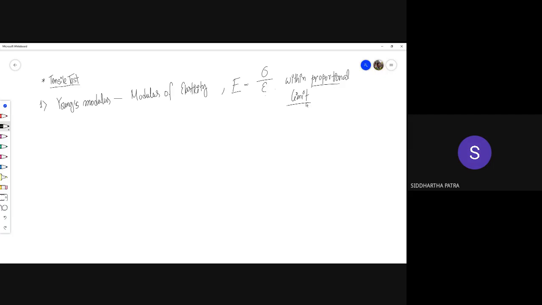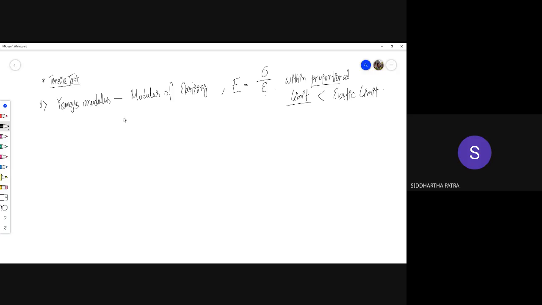So within the proportional limit, that is valid, and the proportional limit comes before the limit of elasticity, or the elastic limit. So that is the most important property that we get out of a tensile test within the elastic limit.